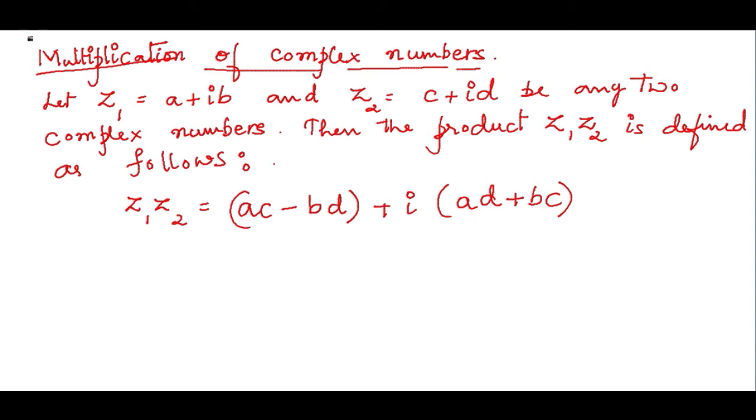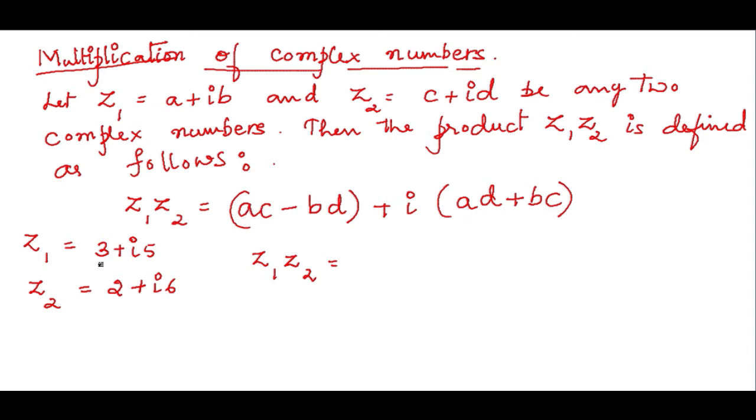Let me take Z1 is equal to 3 plus 5i, and Z2 is equal to 2 plus 6i. These two are complex numbers. Now let us find the product. Z1 into Z2 is equal to, using the standard result, what is A?